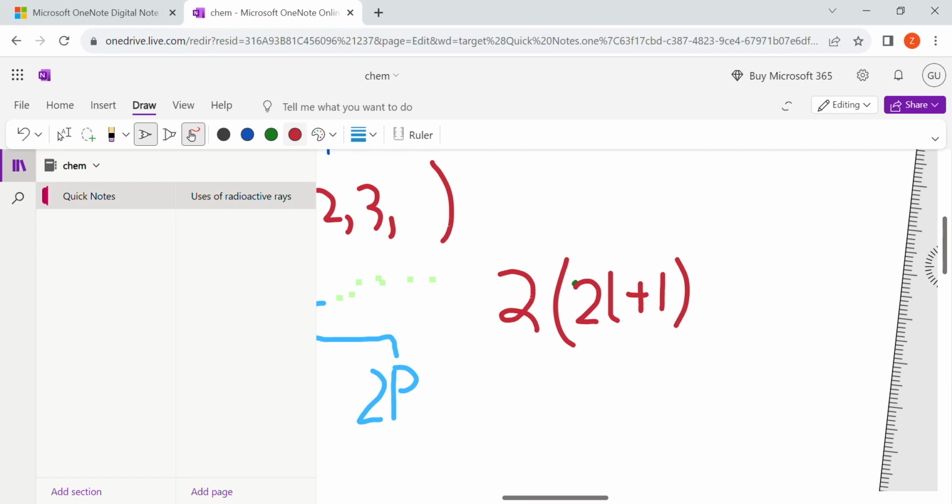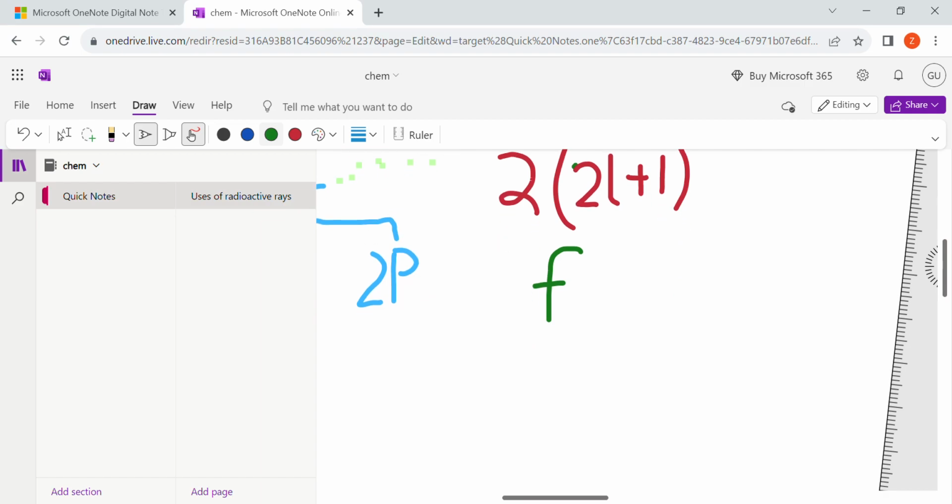Alright, for example we are going to find f. We have to find the value for f. For finding f, the subshell is f. So we place values according to the formula.